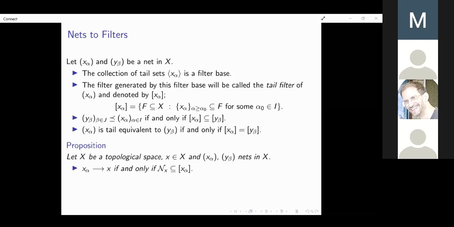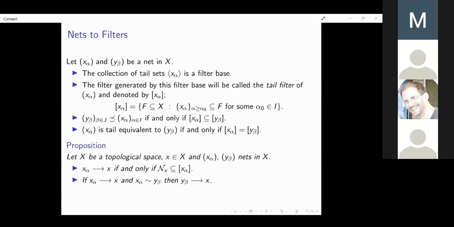If we have a topological space X, a point x in X, and two nets x_alpha and y_beta in X, then x_alpha converges to x if and only if the neighborhood filter at x is contained in the tail filter of x_alpha. And if x_alpha converges to x and x_alpha is tail equivalent to y_beta, then y_beta also converges to x.